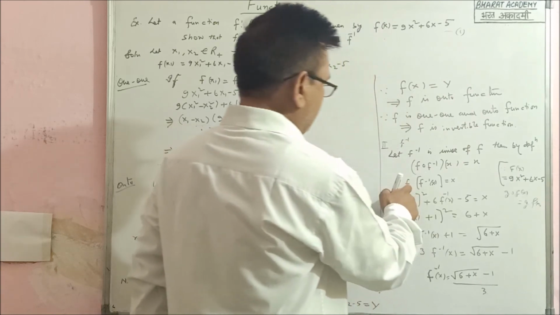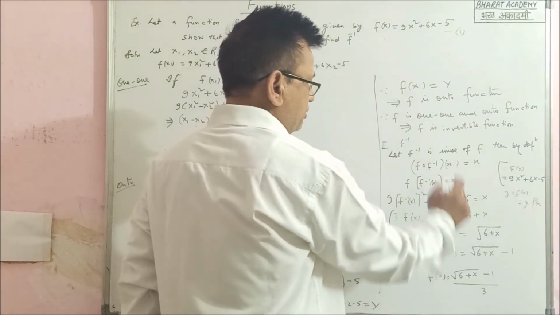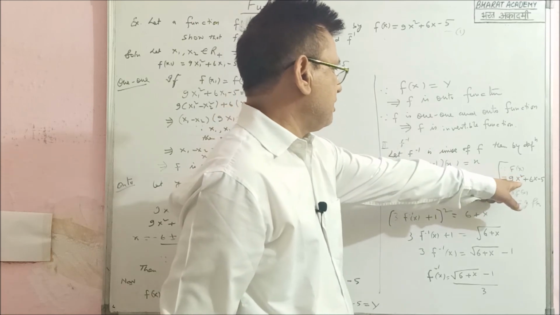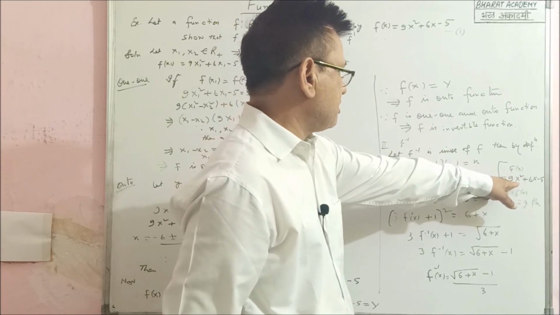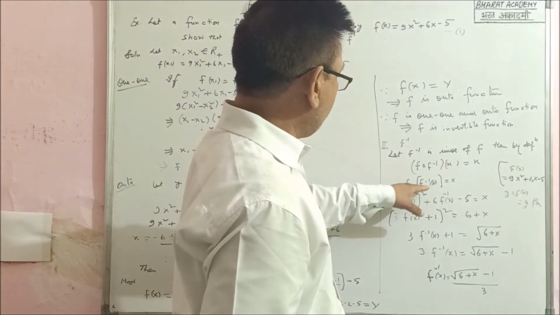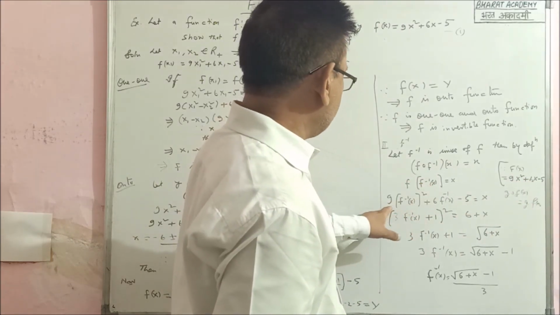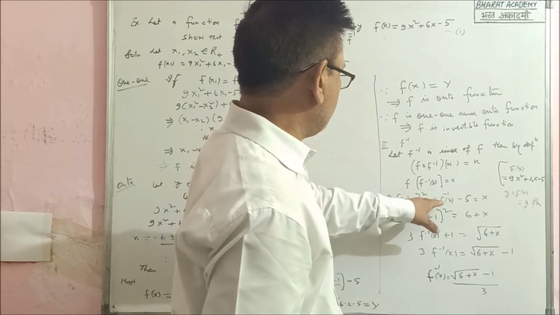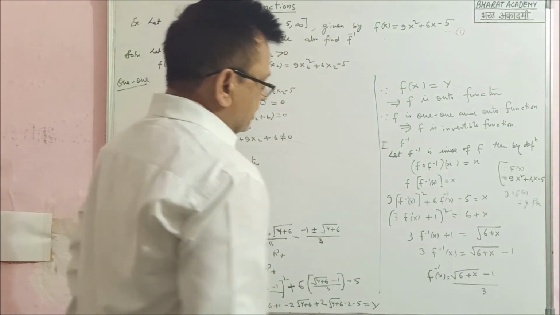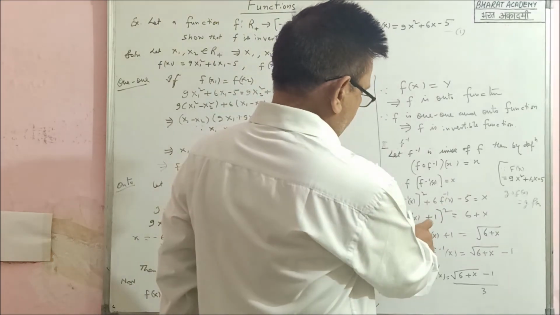It will become f of f inverse x is equal to x. So you know f(x) is the f function, f(x) means 9x square plus 6x minus 5. So here f of f inverse x will become 9(f inverse x) whole square plus 6 f inverse x minus 5 equal to x. So I have made it a perfect square.